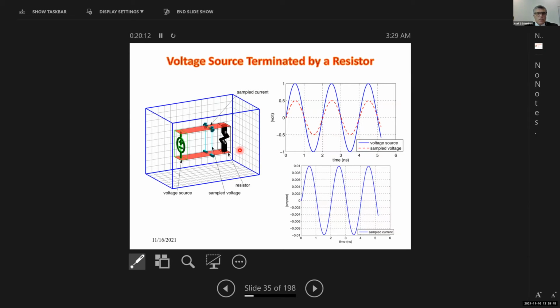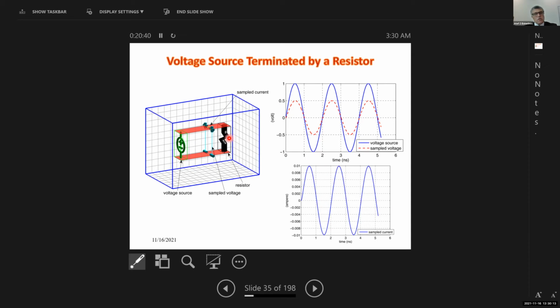Here we have a piece of conductor, this red one, and a resistor between these two conductors, and a voltage source with a sinusoidal waveform identified by the blue curve here, and internal resistance equal to the load resistance here. So this simple circuit is nothing more than a voltage divider. The voltage coming out of this voltage source is going to be divided between the internal resistance and the load resistance.